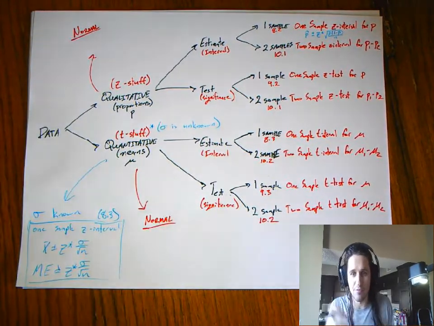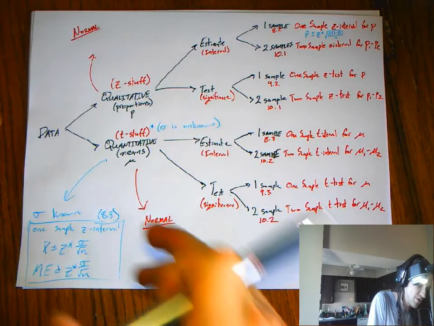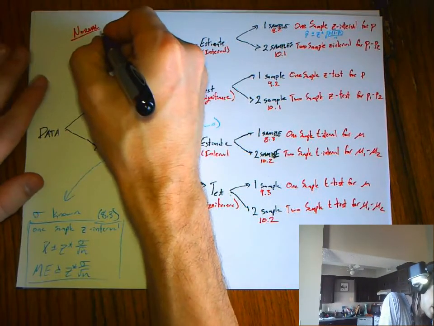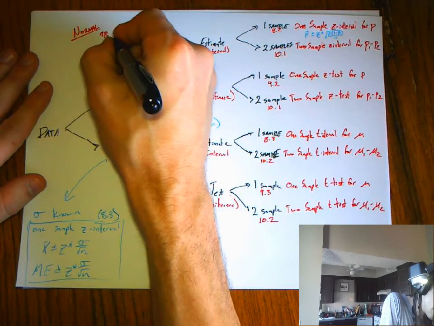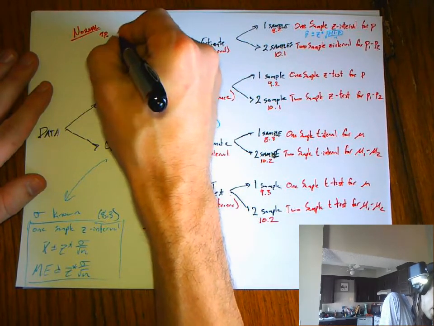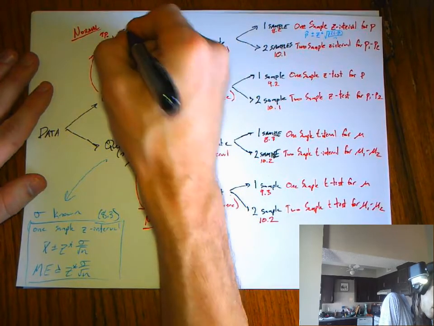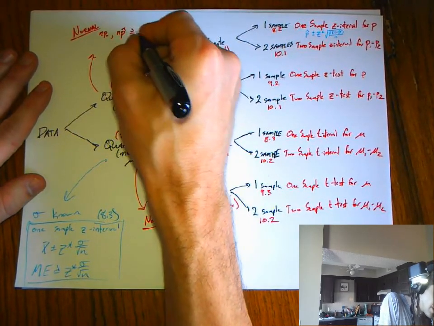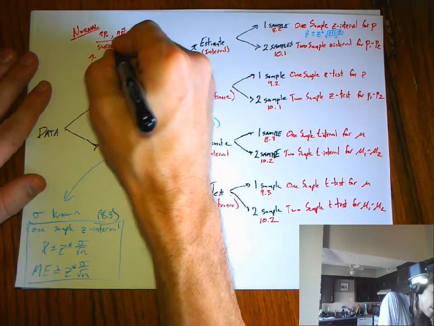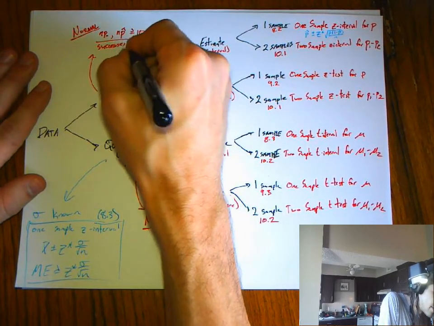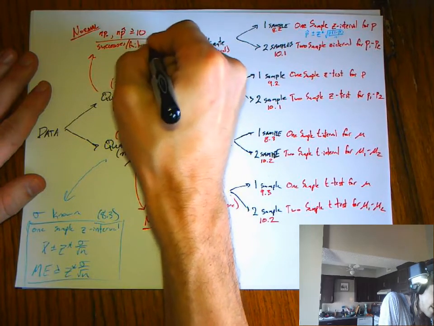How do we do normality up here? It's something like np naught or np hat, something greater than or equal to 10. Something about successes and failures at least 10.